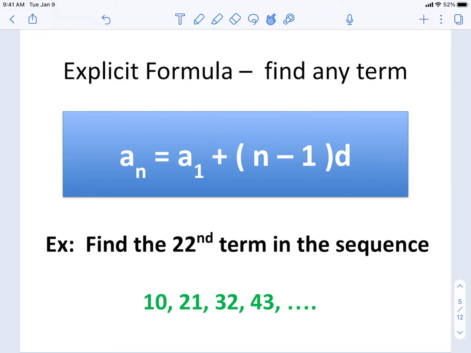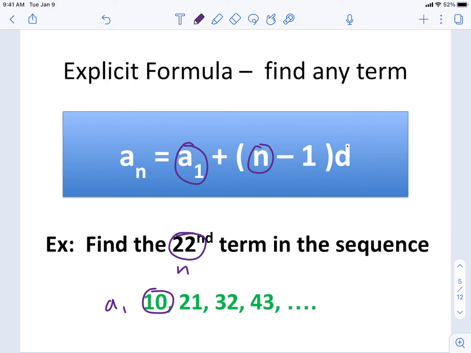All right, so finding any term. This is the explicit formula for an arithmetic sequence, where a sub 1 is your first term, n is the number of terms, and d is your common difference. So in order to find the 22nd term of this sequence, I need to know these things. I need to know what a1 is. Well, that's 10, right? That's your first term. I need to know the number of terms. Well, that's given right here. That's n.